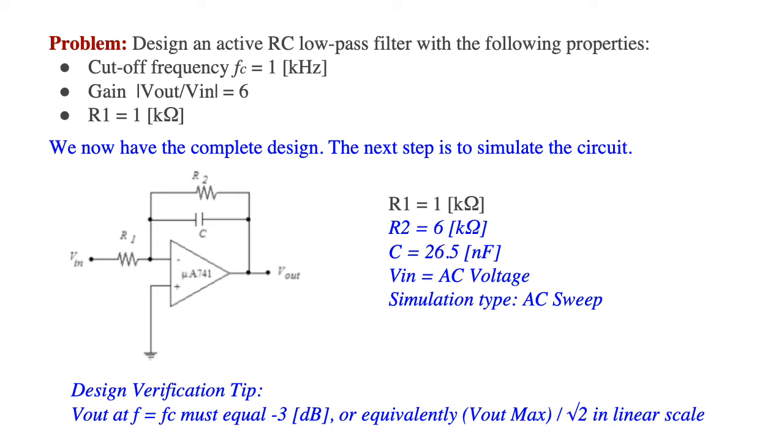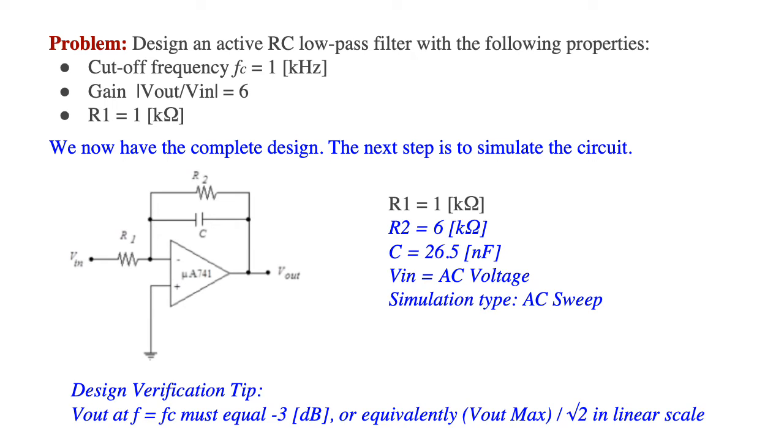So the text that's there will only apply to the case where the gain is 1 or unity gain. That means when you convert it in decibel, it's going to be 0. So as a general rule, just always take the maximum gain, subtract 3 from it, and then that will give you the gain in decibel at the cutoff frequency.